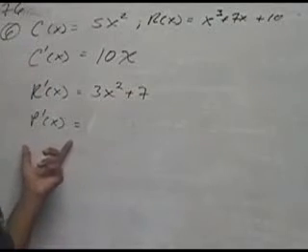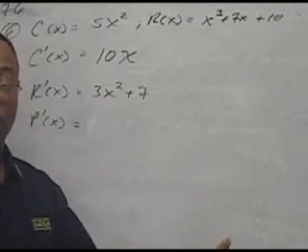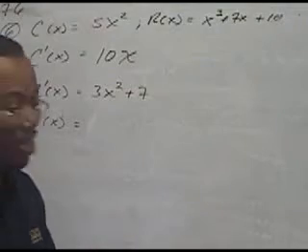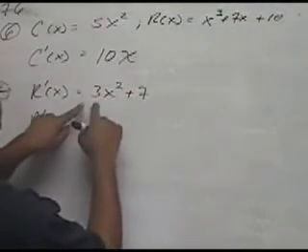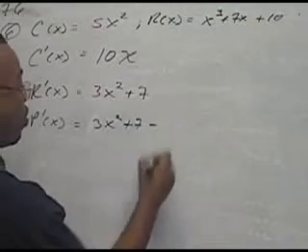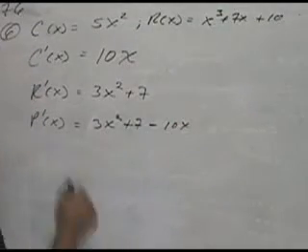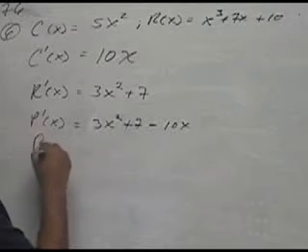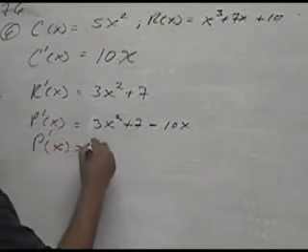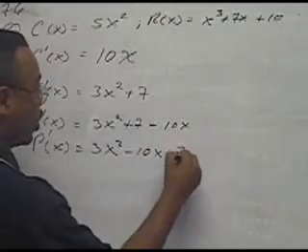The marginal profit is made from marginal revenue minus the marginal cost. So that'll be the marginal revenue, which is 3x squared plus 7, minus the marginal cost, which is 10x. And we can simplify, put that in order. So it'll be 3x squared minus 10x plus 7.